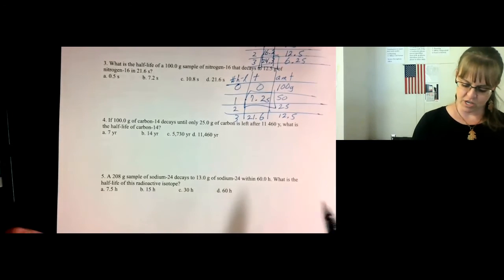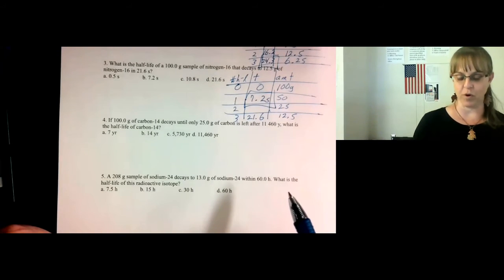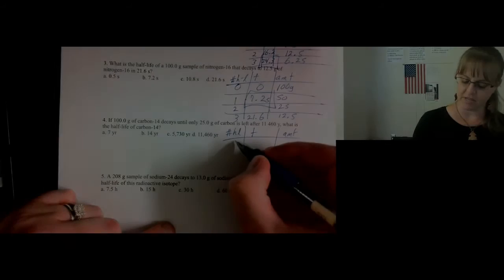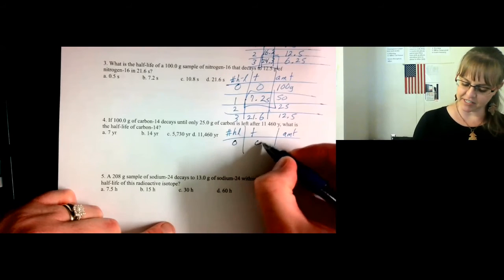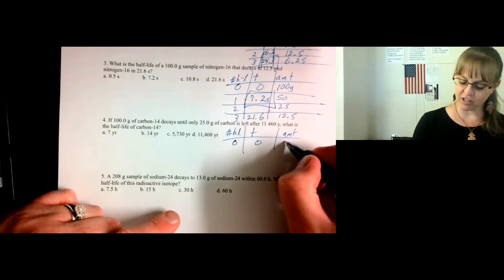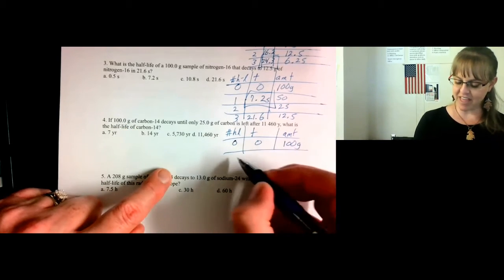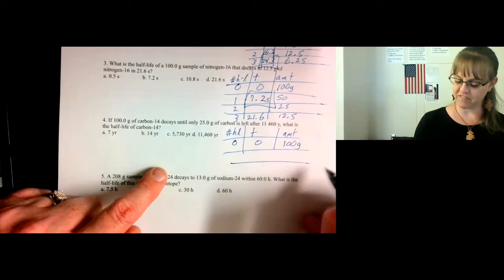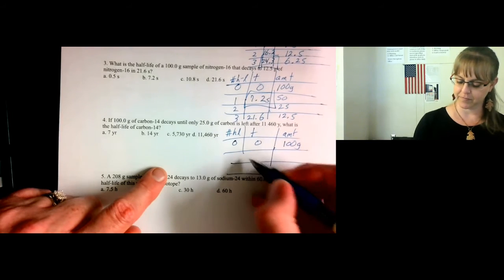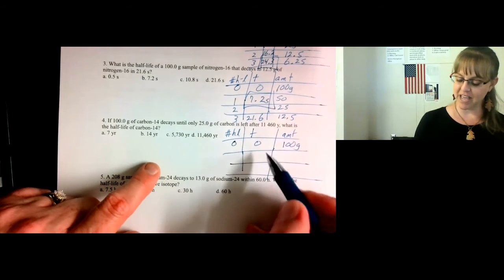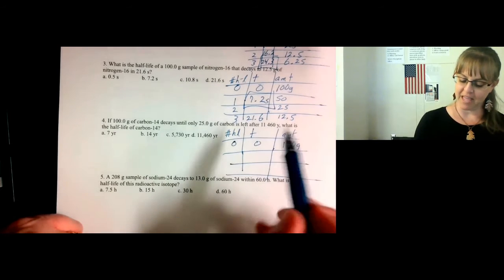You try number 4. Start with 0 half-lives, 0 time, and all of your sample, which is 100 grams. Half that 100 grams until you get to 25. Count how many half-lives that was.